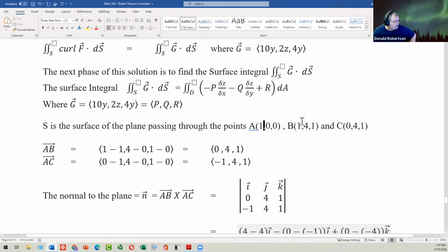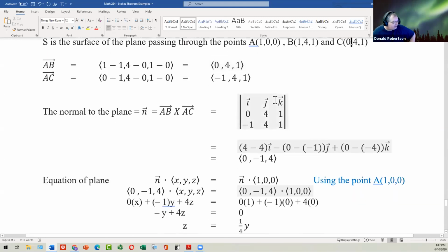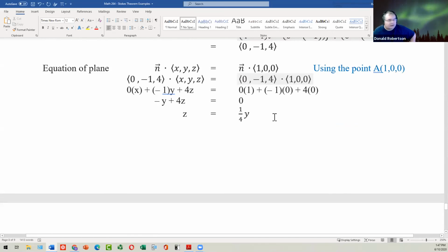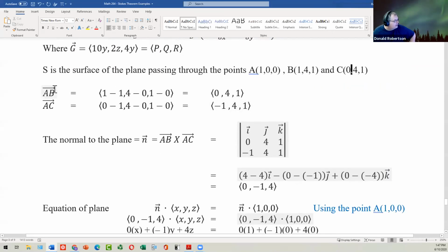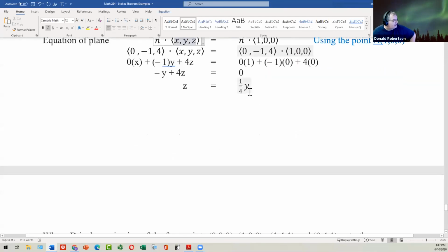So if you take these 3 points, this entire chunk of working is me just finding the equation of the plane. And what you do is you find AB and AC, you get the normal vector, you then use this version, and you get that answer.